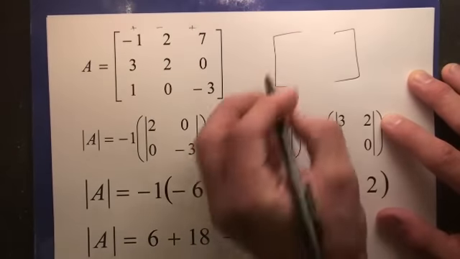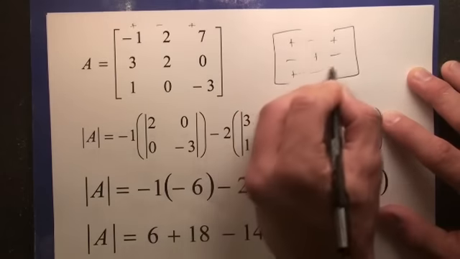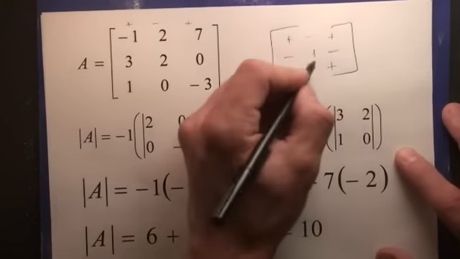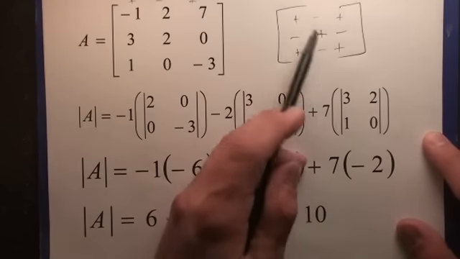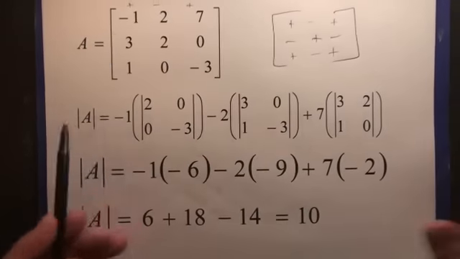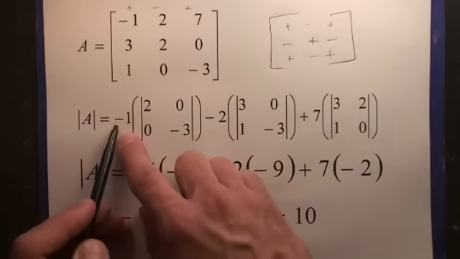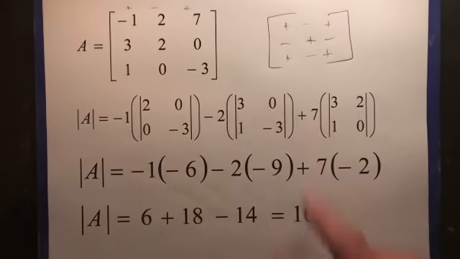In fact, you can go plus, minus, plus, minus, plus, minus, plus, minus, plus. This would be the pattern for the determinants using cofactors. So since we're using the first row, we're going to go plus negative 1, minus 2, plus 7. See how that works?